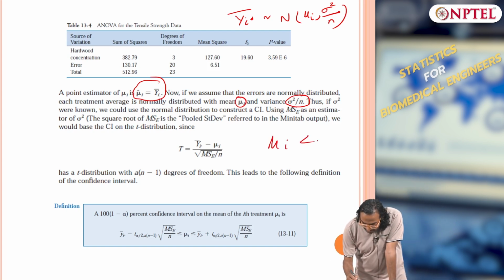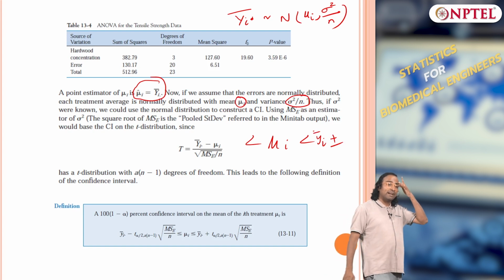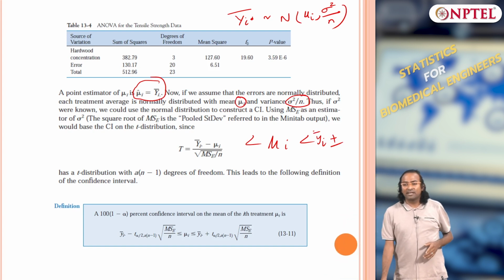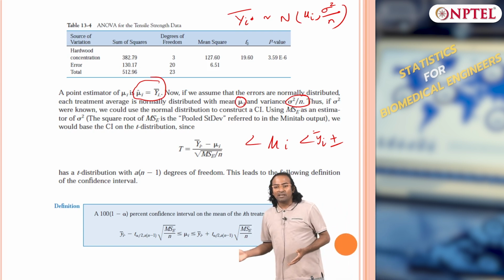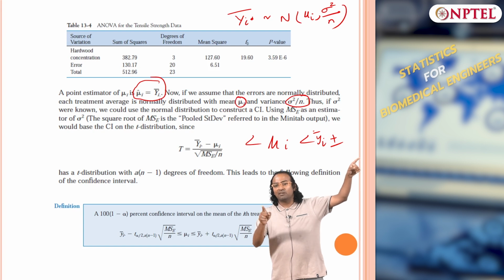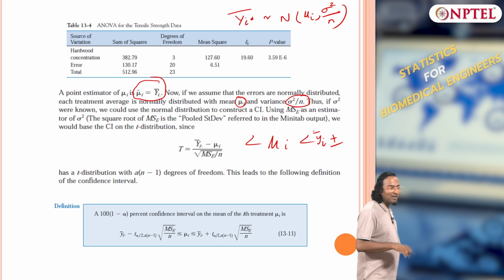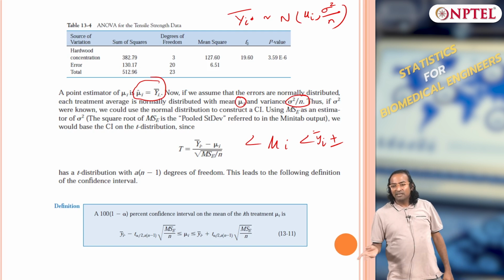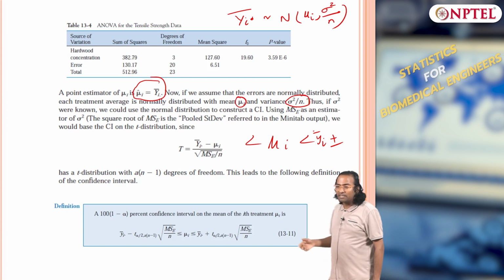Mu i will lie between yi dot bar plus or minus a t distribution or z distribution value, depending upon the degrees of freedom. If you have more than 30 degrees of freedom, it will automatically become a normal distribution. If it is less than 30, remember the underlying population assumption is normal, and then it becomes a t distribution. So, you have t alpha by 2 with n minus 1.